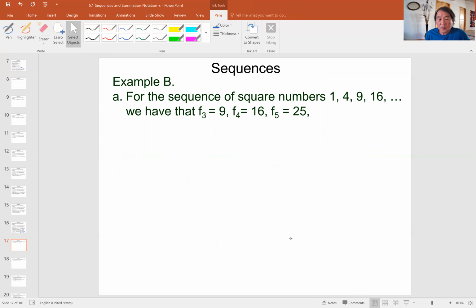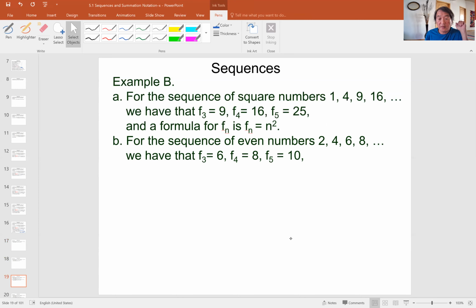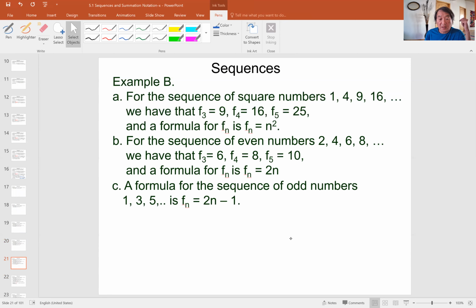So in the sequence of square numbers, the third number is 9, the fourth number is 16, the fifth number is 25, and if you think about it, F sub n is n squared. For even numbers, F sub n is 2n.